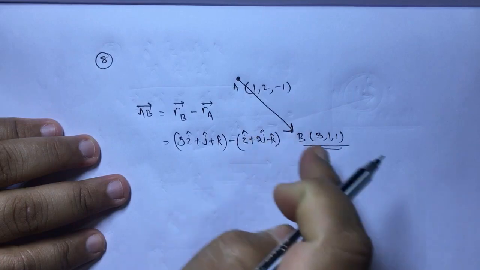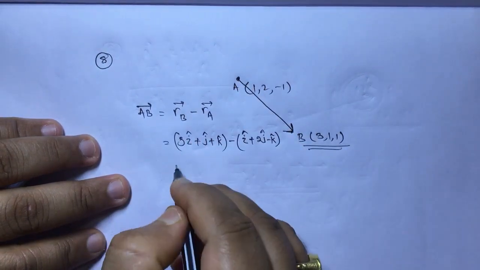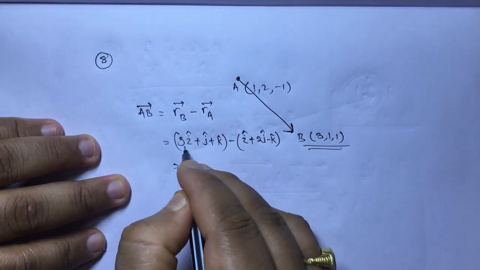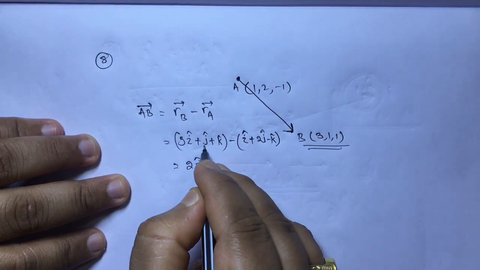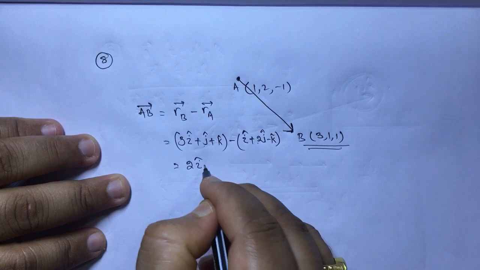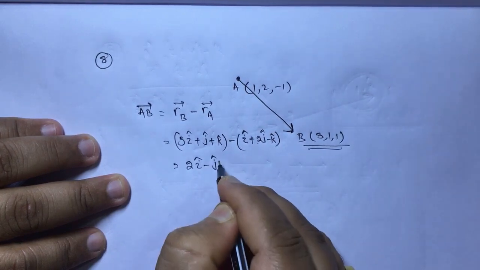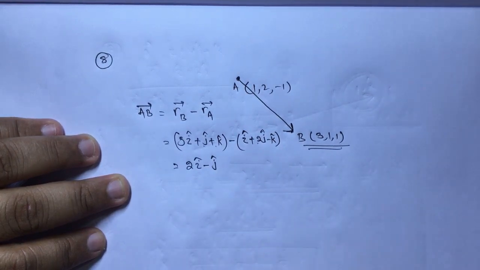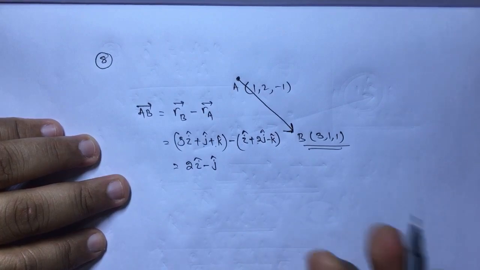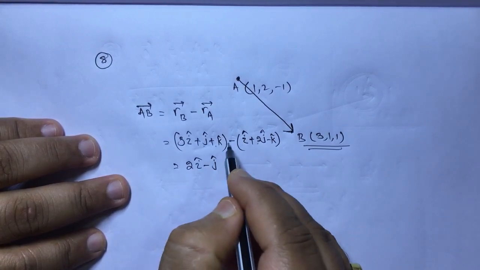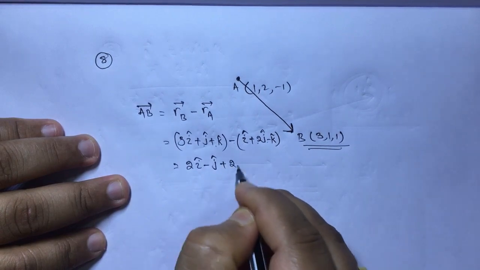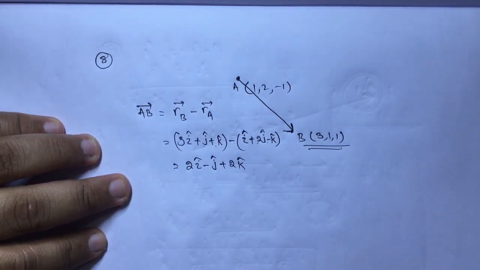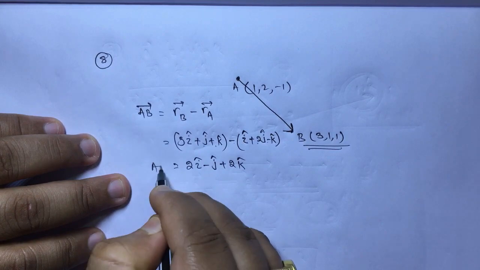Simple. You got the position vector of B and of A, then simply subtract: 3 minus 1 is 2 i cap, 1 minus 2 is minus 1 j cap, and 1 minus minus 1, so it is plus, will be plus 2 k cap. Okay, so this is your AB vector.